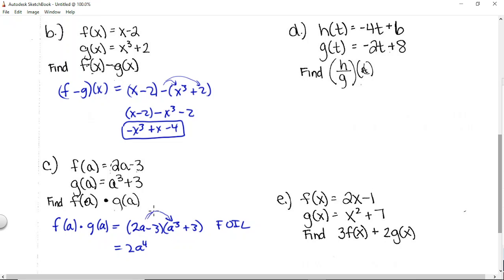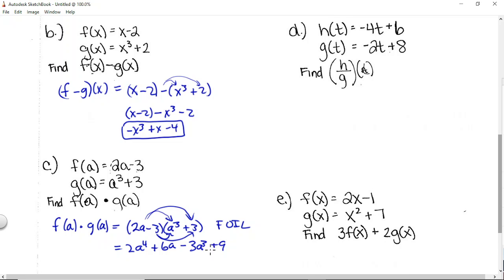Okay, and then we take that 2a times 3, so that's plus 6a. And then we take the negative 3 times a cubed. I'm sorry, negative 3a cubed.